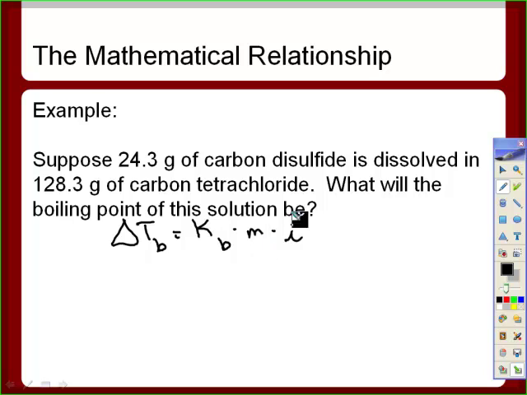So again, let's start with our solute pieces over here and figure out the molality of our solute. So I've got 24.3 grams of carbon disulfide, and it's dissolved in this many grams of solvent, which is carbon tetrachloride. So let's find first, I'm going to have moles of carbon disulfide divided by kilograms of carbon tetrachloride.